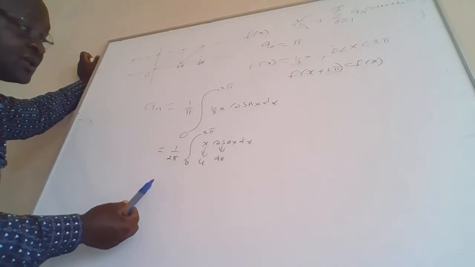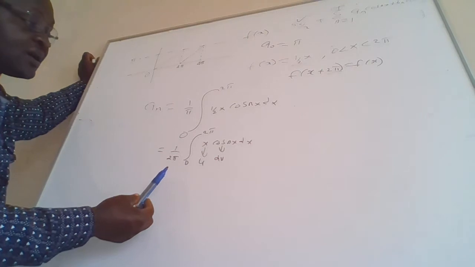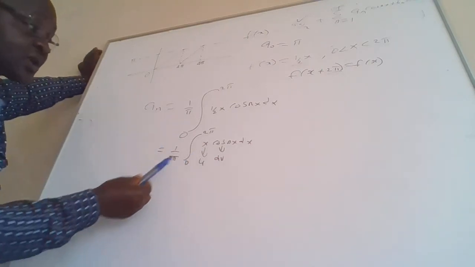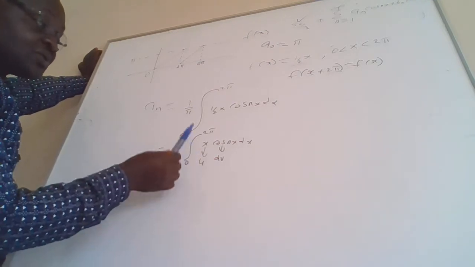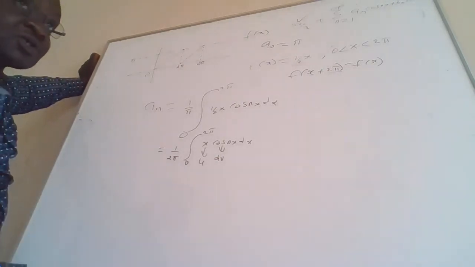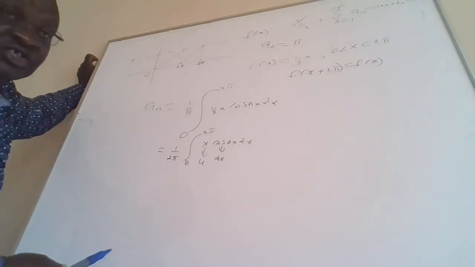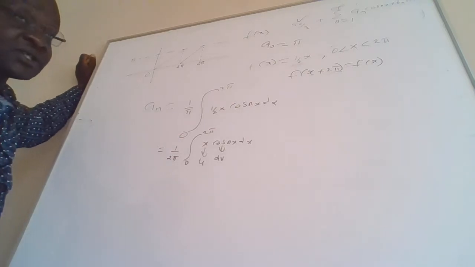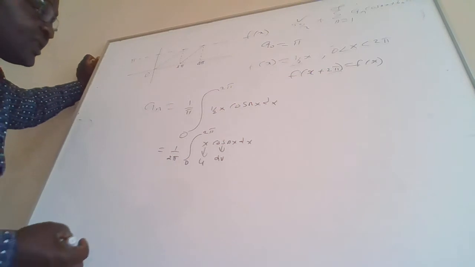The second is that when the power of x is present, it is taken as u. You can see we have the power of x. That's why we are taking this one as u. Otherwise, when you take this one as u, what remains becomes dv. And when the log term is not present and the power of x is not present, then you take the exponential function as u. But in this case, the power of x is present, so it's taken as u, and the remaining becomes our dv.